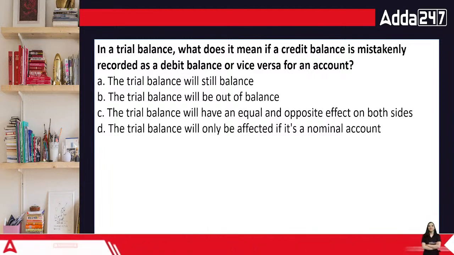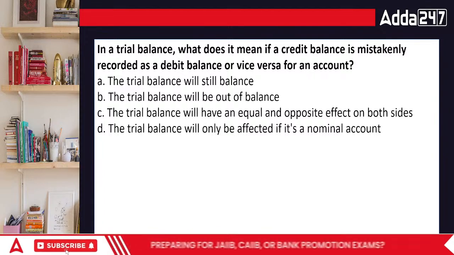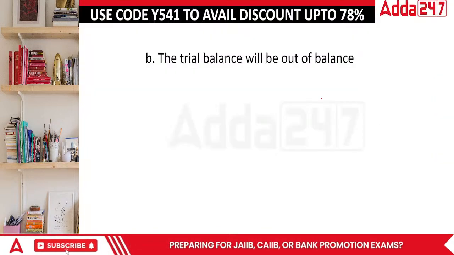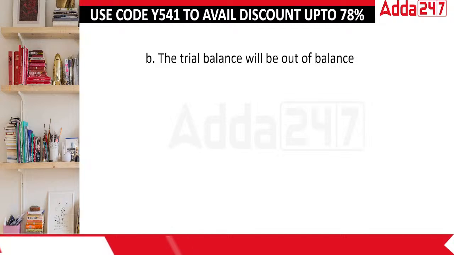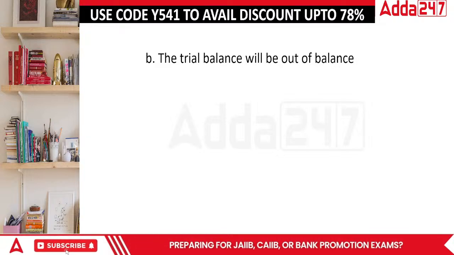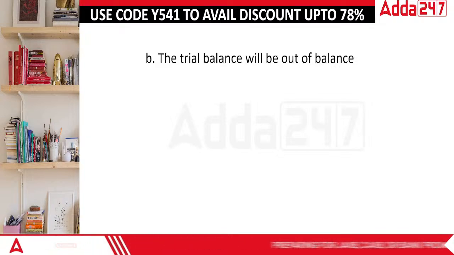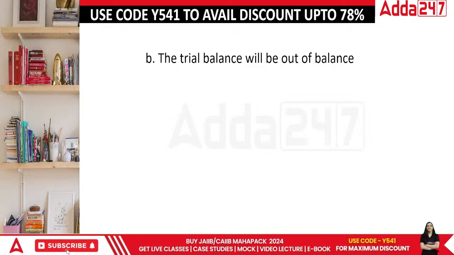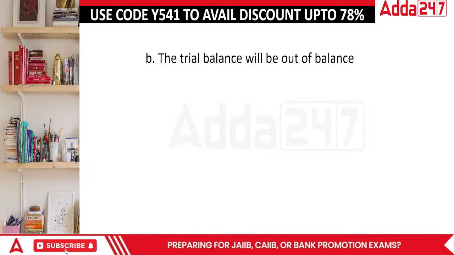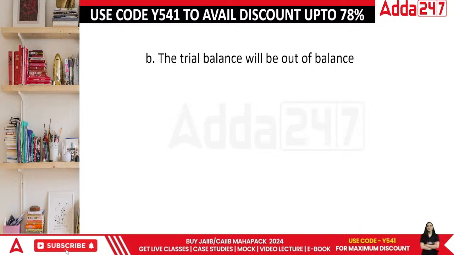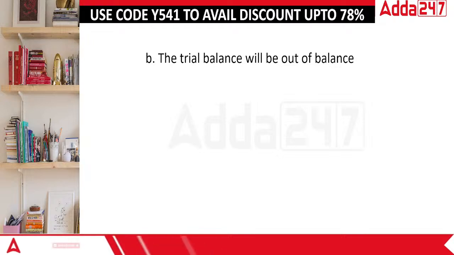Chale. Now when we talk about your credit balance being mistakenly recorded as a debit, in this case your trial balance will not match. The reason is that your debit side is maybe more than your credit side, है ना? If something of debit balance is recorded on the credit side, your credit side would be more. If something has to be on the right side, and it's on the left side, there is an imbalance, है ना?